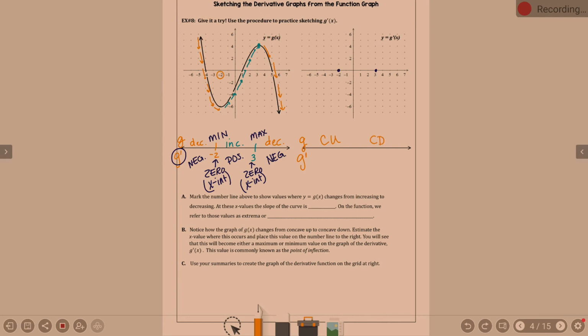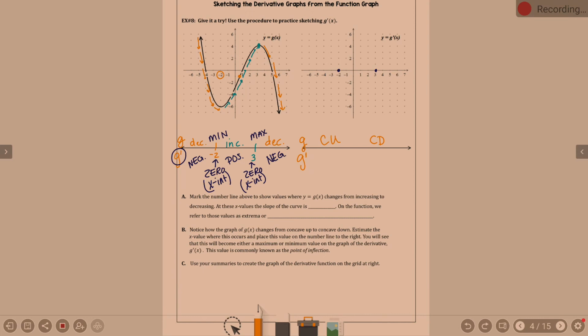Approximately where does that change? Somewhere in here? I don't have an exact value. A little bit before 1? 0.5? 0.75? I don't know. But does concavity change there somewhere?